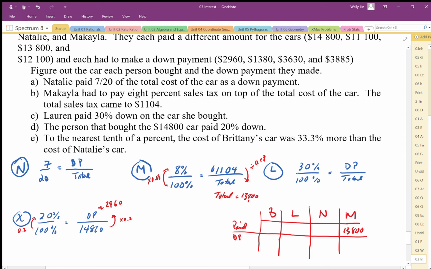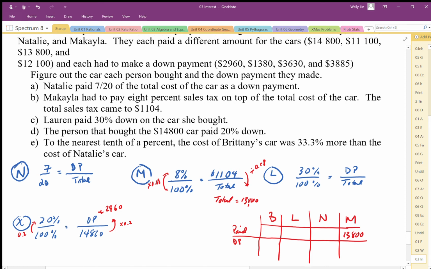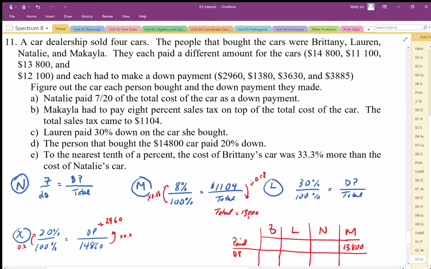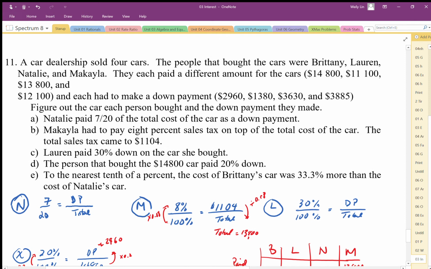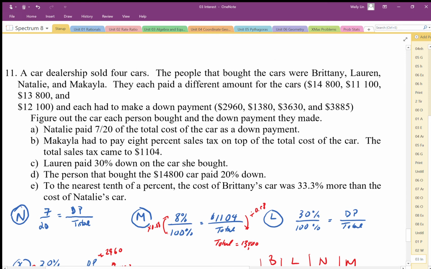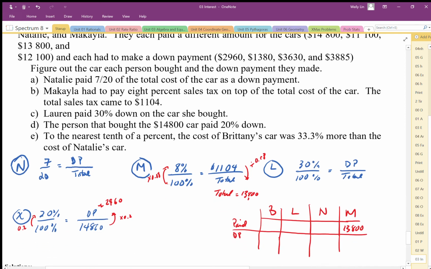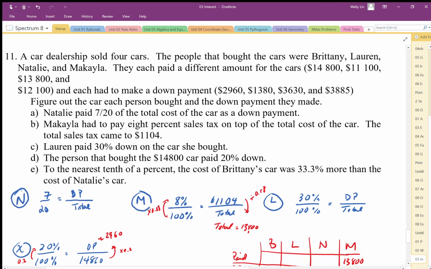Now I'm going to start guessing with Lauren, because 30% is a lot easier to figure out than 35%, which is Natalie's. Looking at these examples, we know that we can take out the 13,800. This is taken out of the mix. So we can take any of these and see if we can come up with 30%.